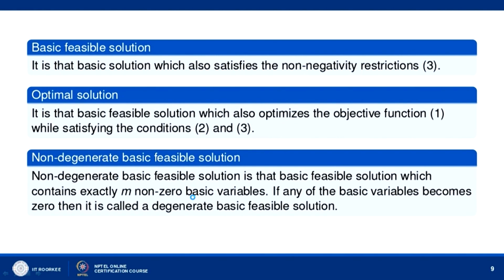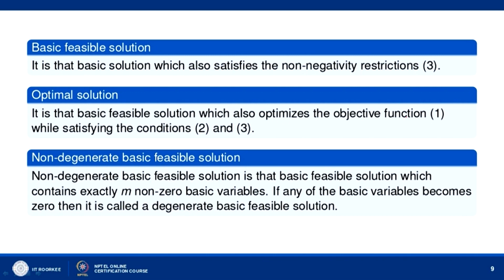Now, a basic feasible solution is that basic solution which also satisfies the non-negativity restrictions 3. So, a basic solution will be called a basic feasible solution if x1, x2, ..., xn, s1, s2, ..., sm are all greater than or equal to 0. Now, the optimal solution is that basic feasible solution which also optimizes the objective function.